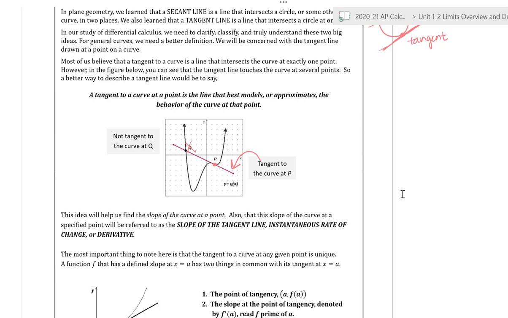So let's talk about this whole idea of a tangent line and what it represents. A tangent line truly represents the instantaneous rate of change at that particular point on the curve. For example, if I made up a new point and called it S, I know that we are increasing at a pretty high rate, so my line tangent to the graph would look something like that, a pretty high positive slope.